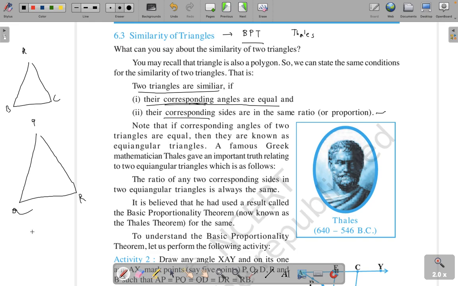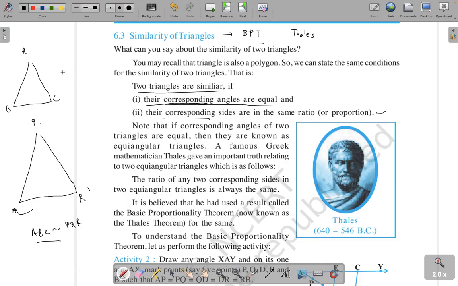When you say ABC is similar to PQR, you are comparing A with P, B with Q, and C with R, and then AB with PQ, AC with PR, and BC with QR. Then only you say ABC is similar to PQR.